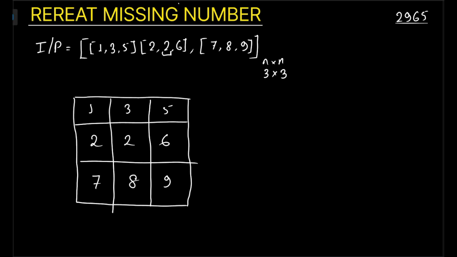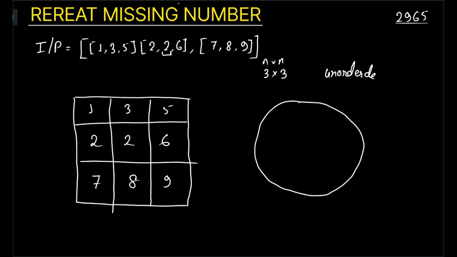So to solve this, we will take an unordered set. This is our unordered set S. And first we will insert all these elements one by one.